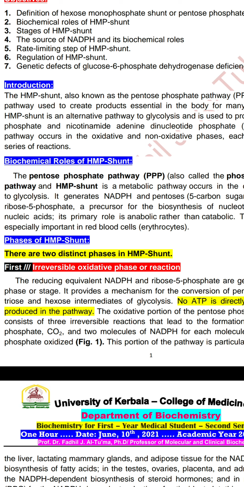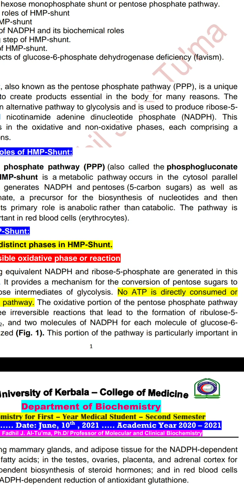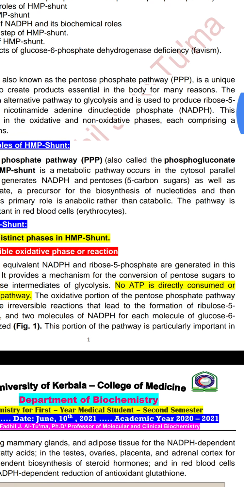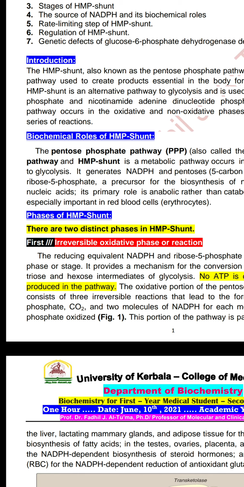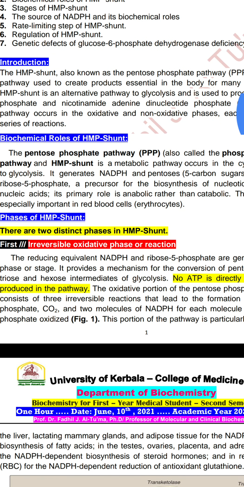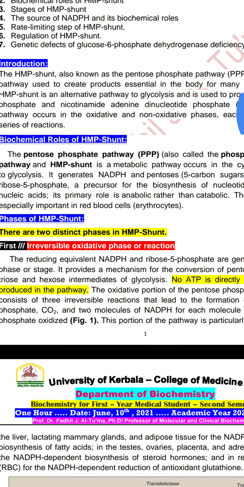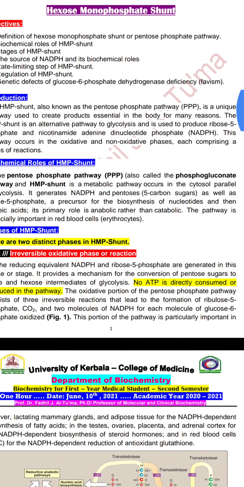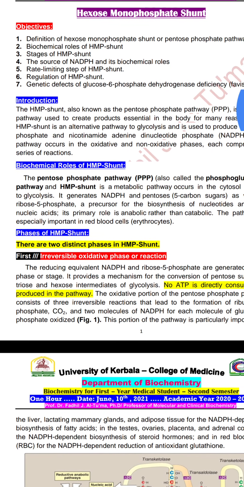First, generation of the coenzyme NADPH and various pentoses, 5-carbon sugars, as well as ribose 5-phosphate, which is very important for the biosynthesis of nucleotides, that means purine and pyrimidine bases.